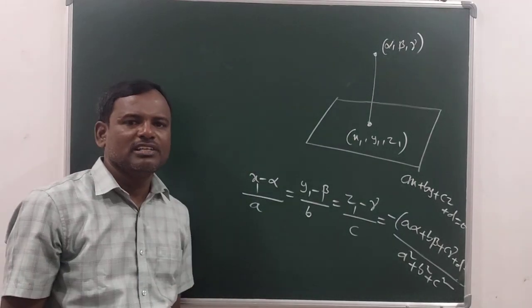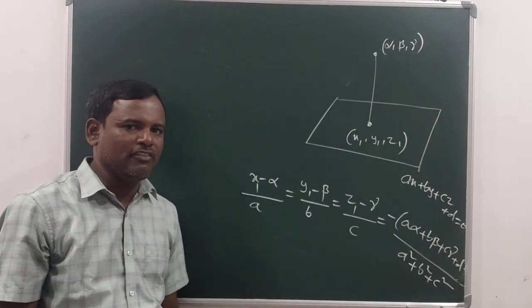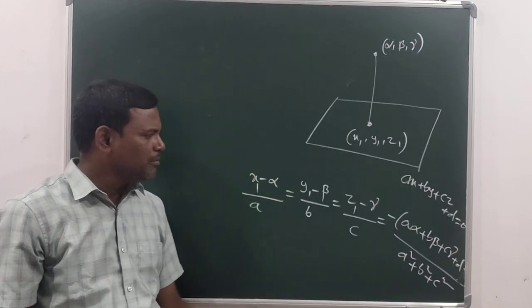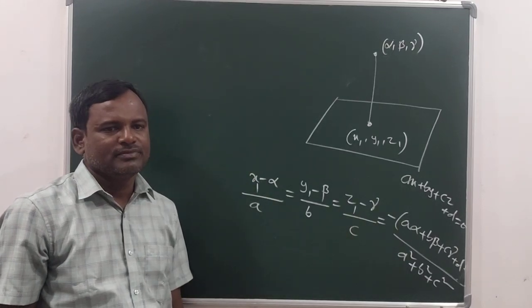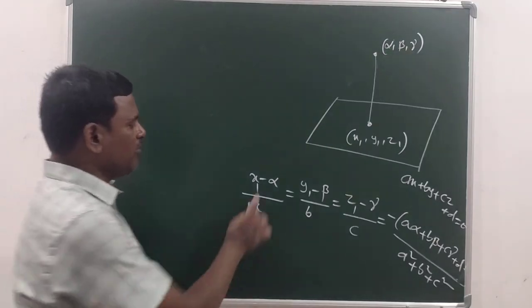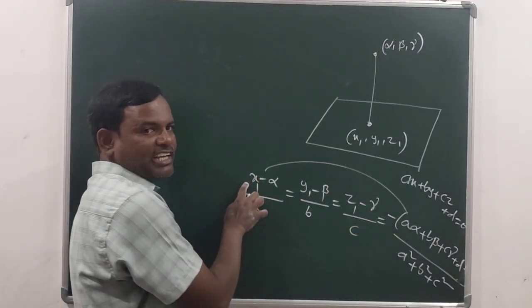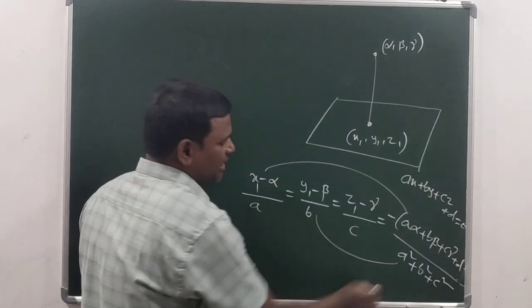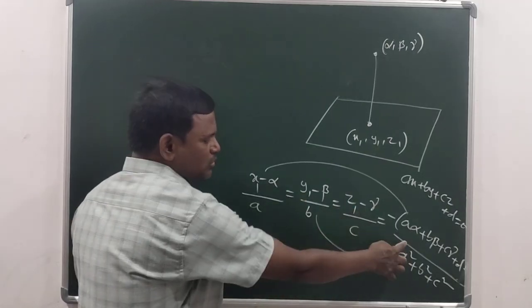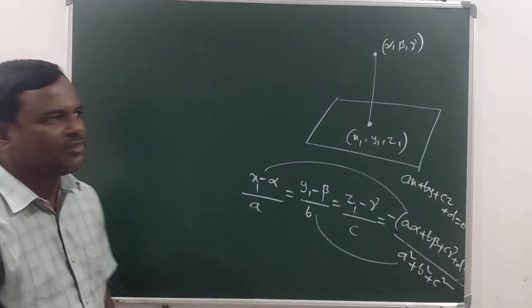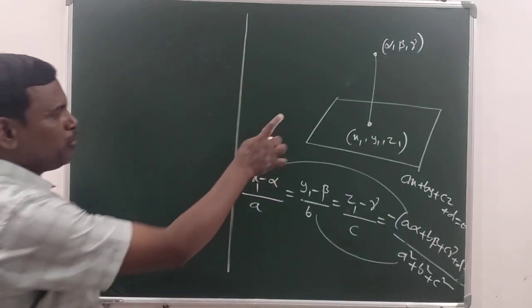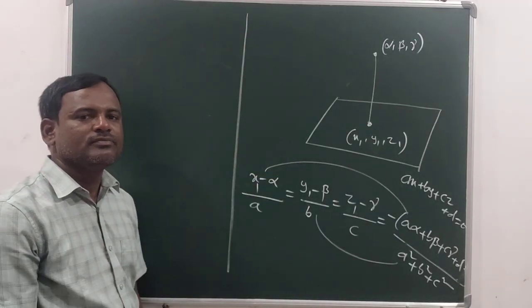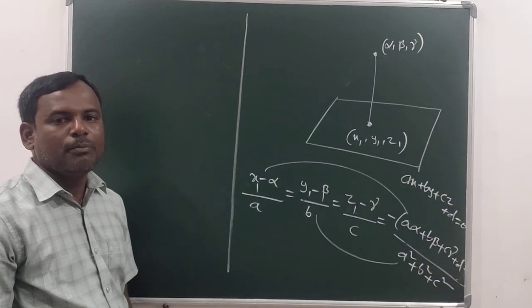Okay students, same as the formula you learnt in straight lines, but here the z term extra will come. Apply this formula and equate these parts so that you will get x1, y1, and z1 in the simplification part. This is called the foot of the perpendicular theorem from a plane.